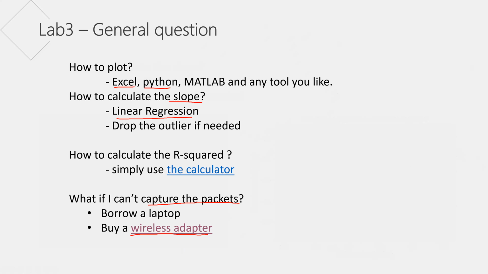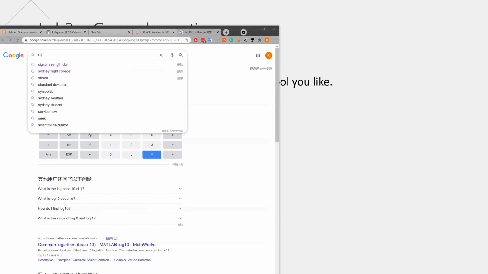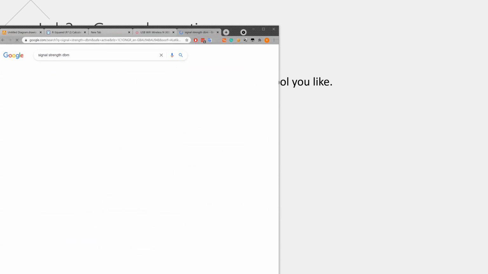Do you have any question? I found the RSSI value in packets captured by Network Monitor is positive, but in Wireshark it is negative. Why? Okay, just don't worry about that. It should be negative. It should always be negative. You can have a check, like through Google, signal strength, right?